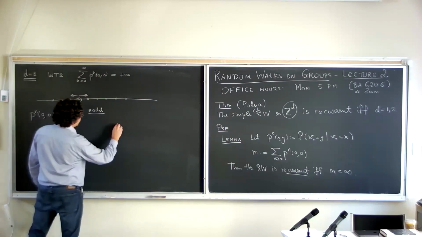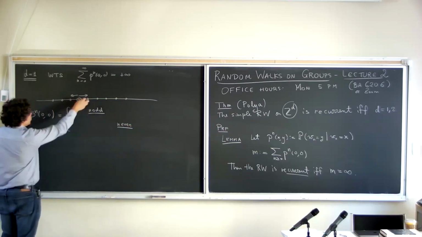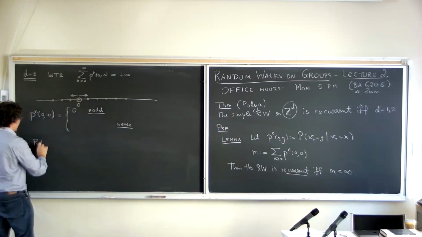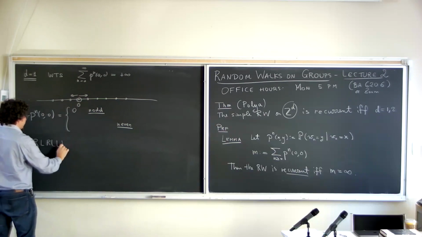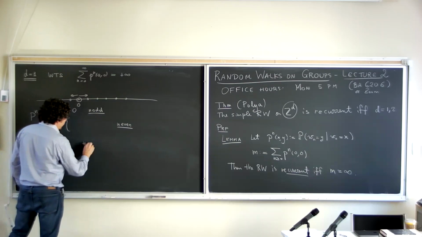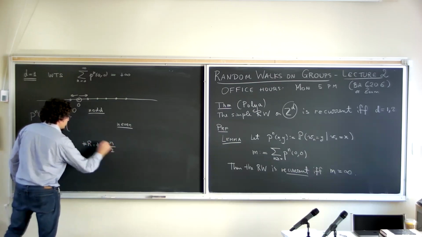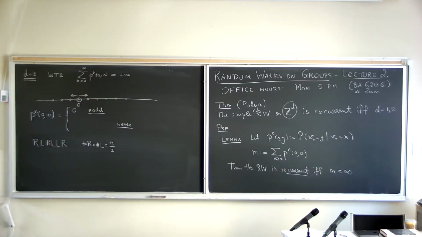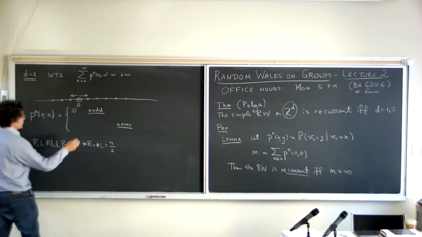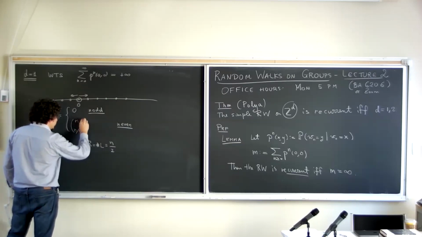So if n is even, what do we have to do? Well, again, we have to choose the right and left, right, left, left, right, something like this. And we want the number of rights to be the same as the number of lefts, which has to be n/2, because we have n steps in total. And so, as you said, you're going to get n choose n/2.